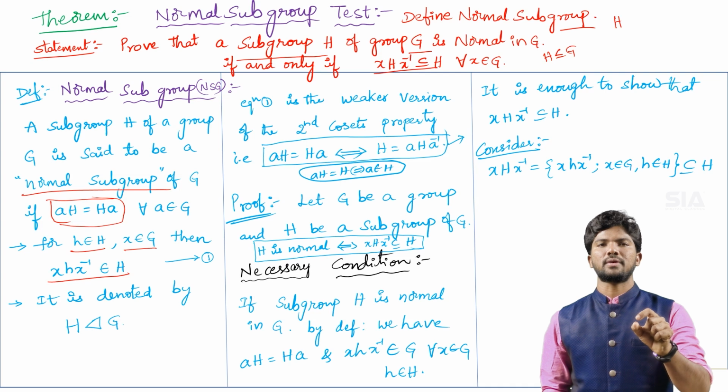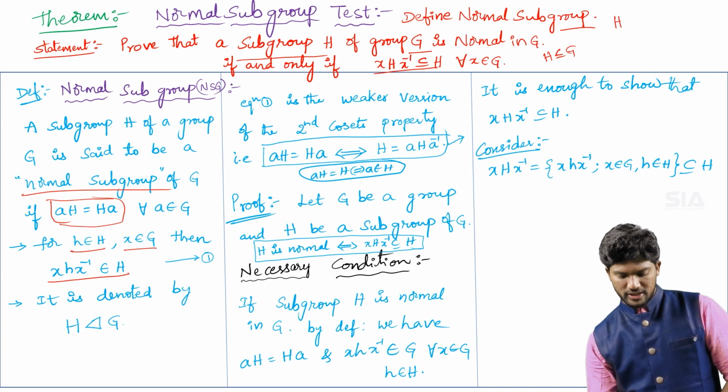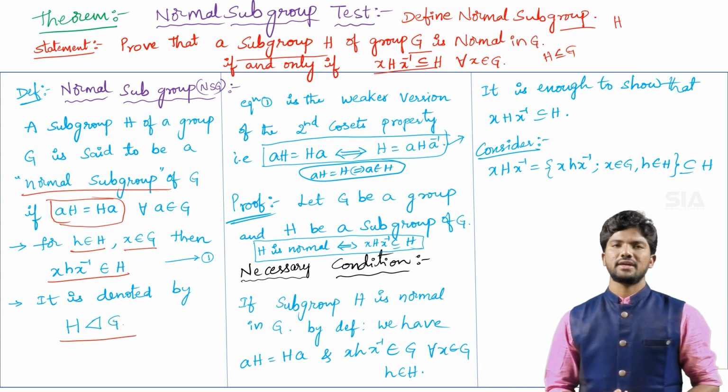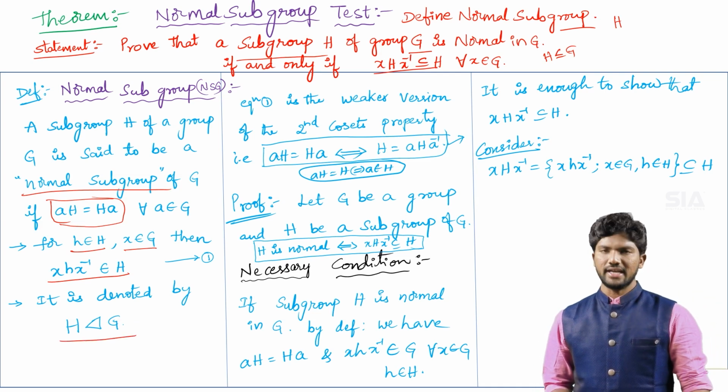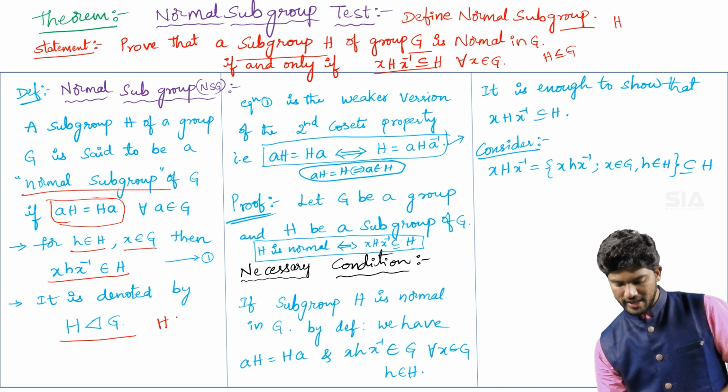That is the sixth property of the cosets, and that will become perfect. Therefore, the normal subgroup is denoted by capital H triangle capital G. You need not read it as triangle; you have to read it as capital H is a normal subgroup of capital G.